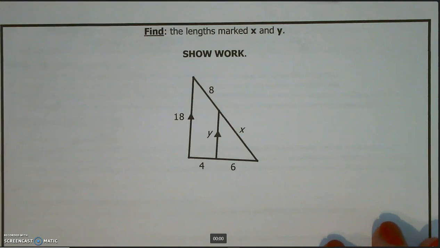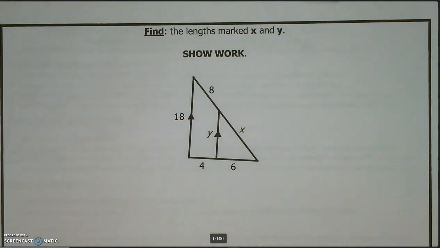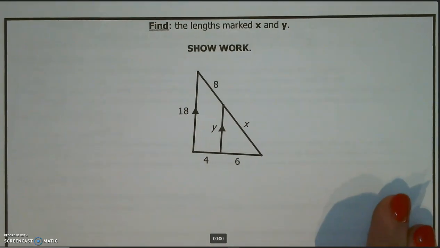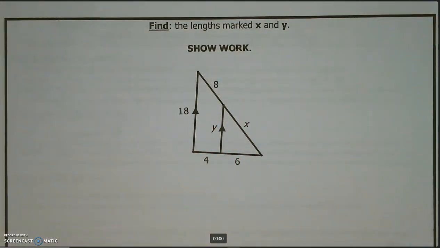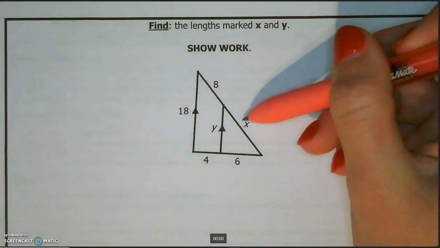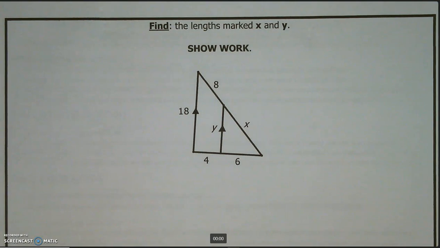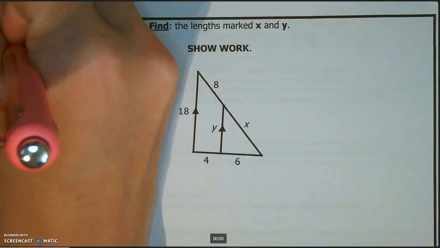All right, for one of these, we can use the triangle proportionality theorem, or AKA the side splitter theorem. And for one of these, we cannot use it. So let's talk about which one we can use it for and which one we can't use it for. Let's talk about X first. Do you guys think that we could use side splitter theorem to find X? The answer is yes.